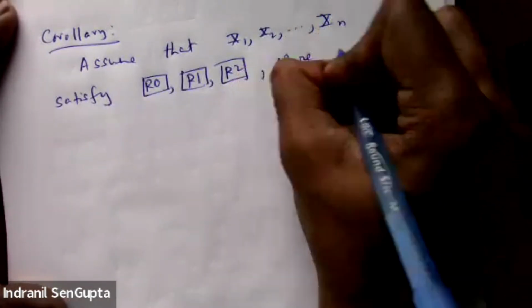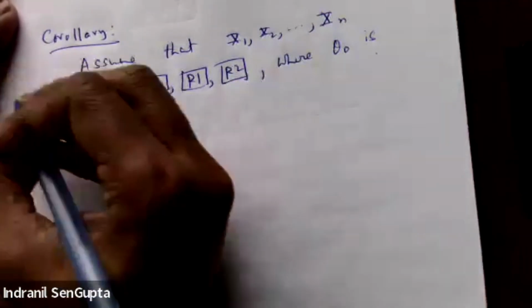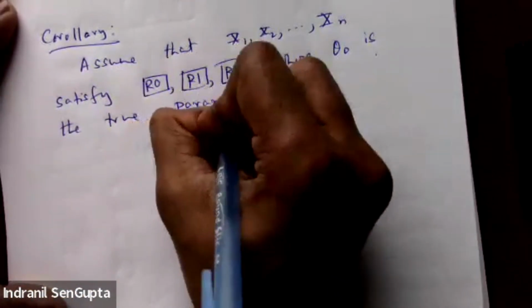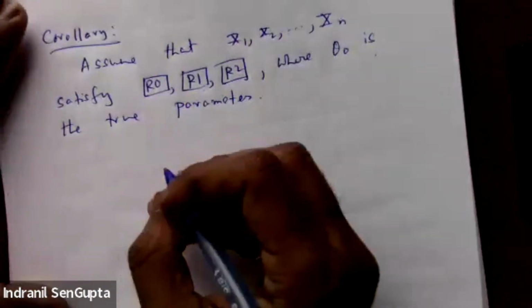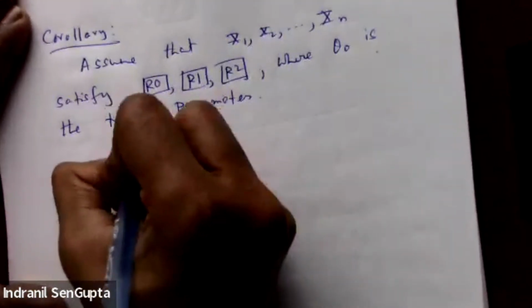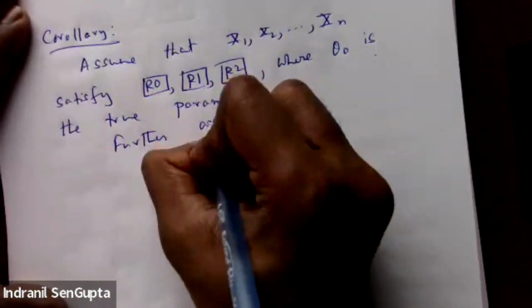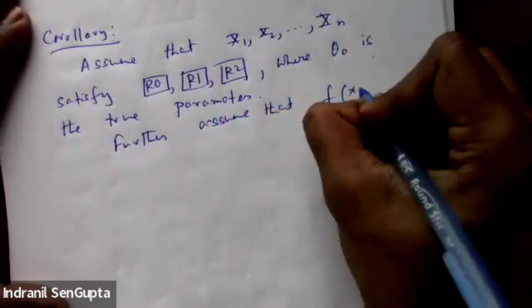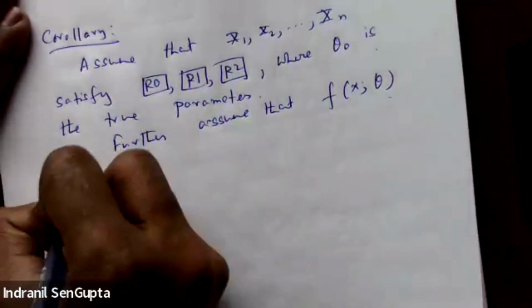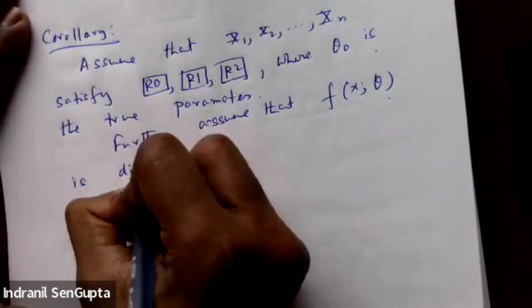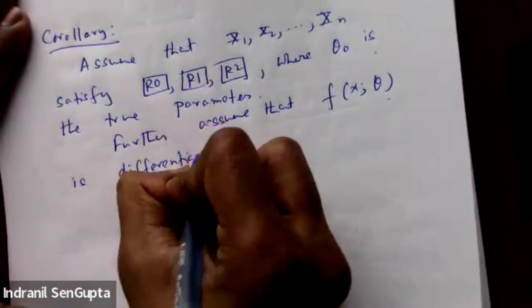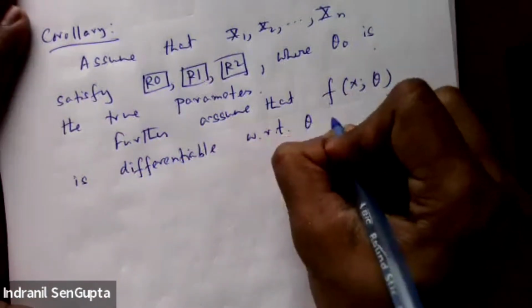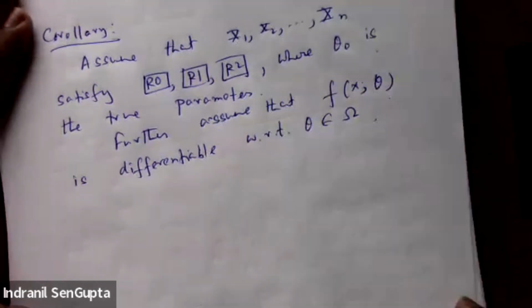where theta 0 is the true parameter. Further assume that f(x, theta) is differentiable with respect to theta in omega.